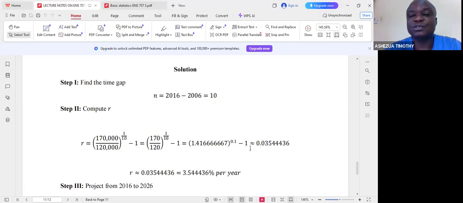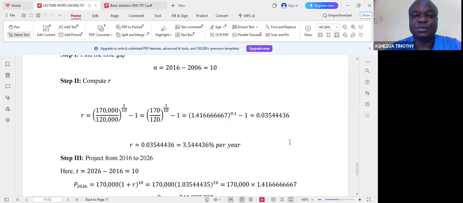If you do this computation, you will have approximately 0.0354436. So your R now would be approximately 3.54436% per year. How we got this: if it's a percentage, we multiply by 100, isn't it? That's how we got this.